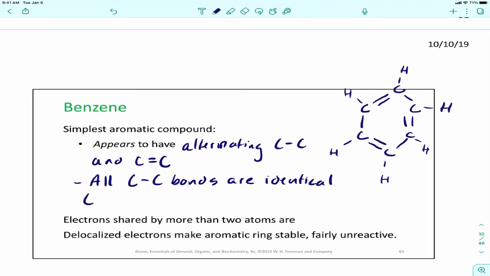Instead of being one bond or two bonds, it ends up being about 1.5 bonds. So it's not quite a double bond, but also not quite a single bond either. And it turns out that all 6 electrons are shared by all 6 carbon atoms.